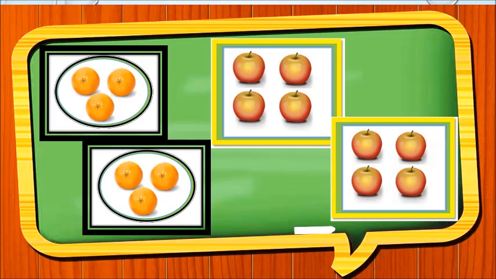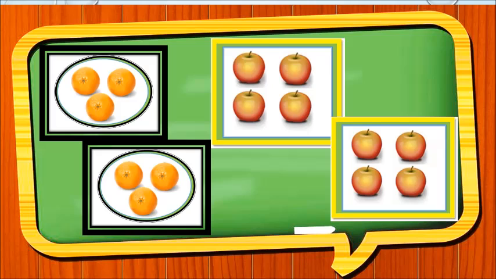How many groups of apples? We have 1 and 2. In each group, how many apples do we have? 1, 2, 3, 4. All in all, how many apples do we have? 4 plus 4 is equal to 8 apples. How about the oranges? How many groups? We have 1 and 2.